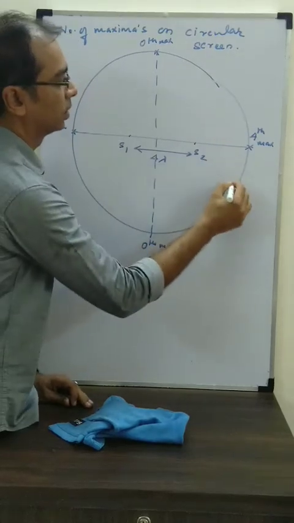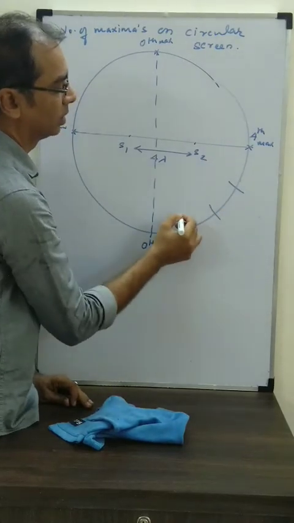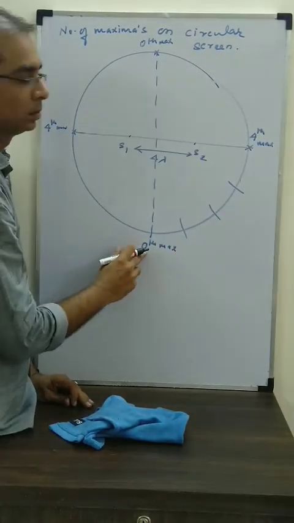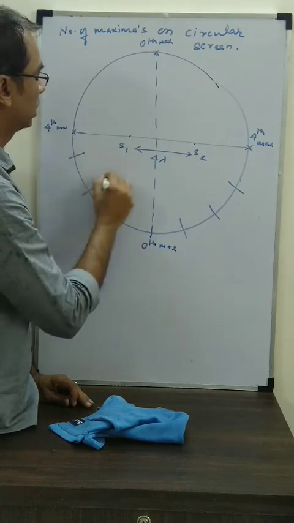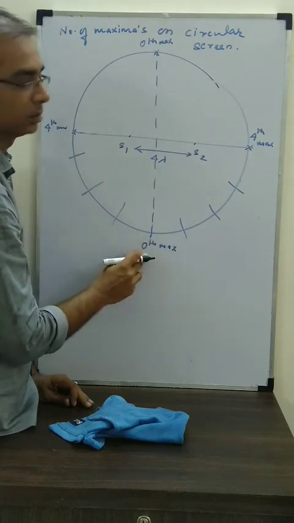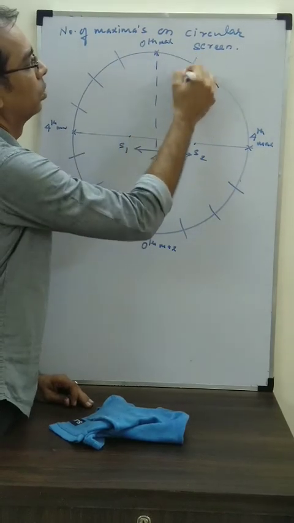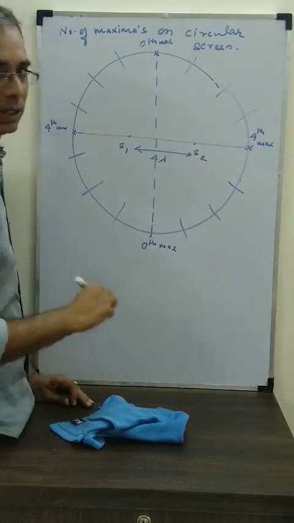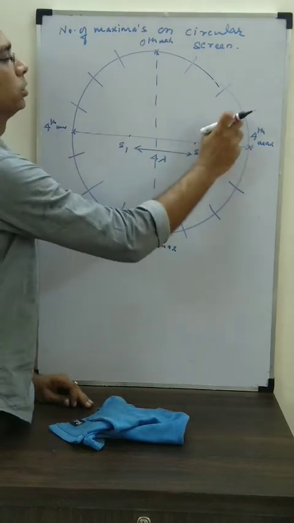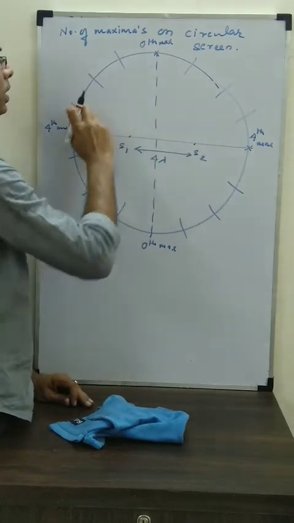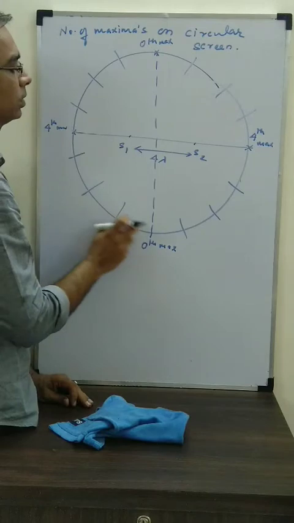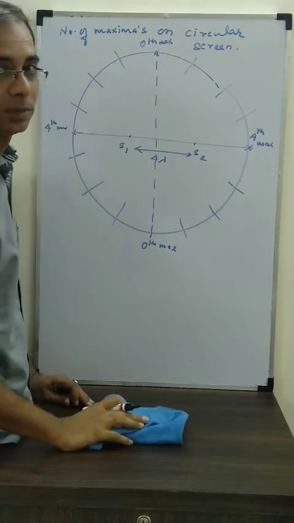So 4th here, then 3rd will be here, then 2nd, then 1st, then 0. Again, 3rd here, 2nd here, 1st here, then 0. Here also 3, 2, 1. Here also 1, 2, 3. So how many maximas are there? 1, 2, 3, 4, 5, 6, 7, 8, 9, 10, 11, 12, 13, 14, 15, 16 maximas.